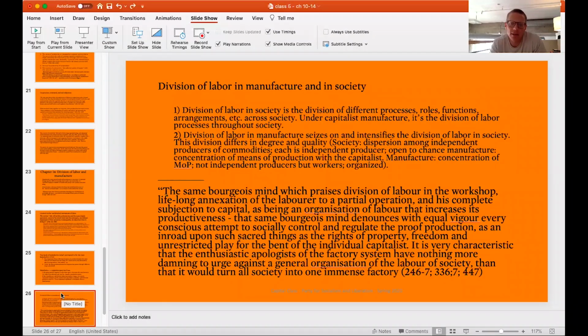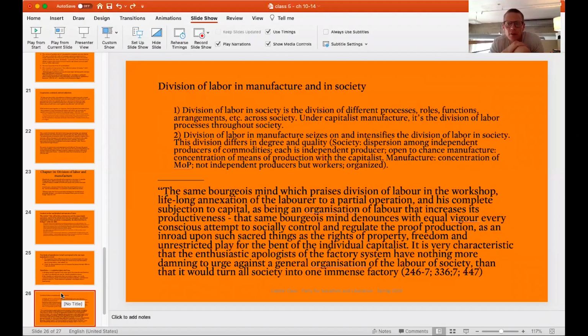And then Marx writes about the difference between the division of labor in manufacture and in society, and how capital transforms both. The division of labor in manufacture is when different workers are doing different things in the production process. And the division of labor in society is when different people are producing different things in the entire social organism of society.